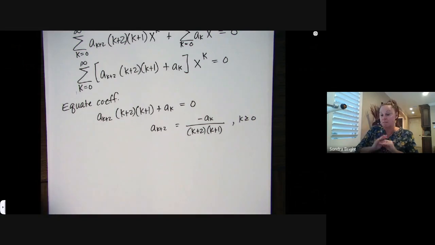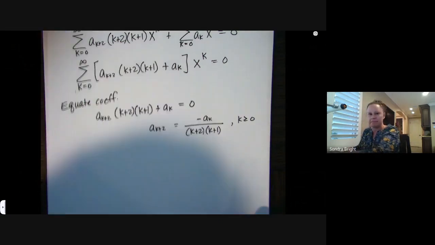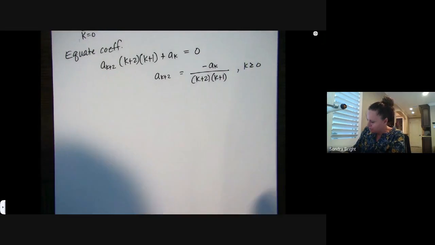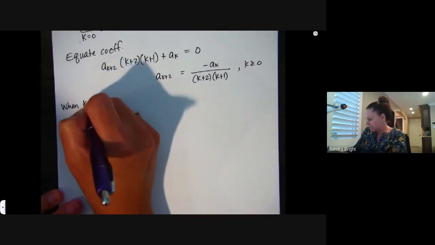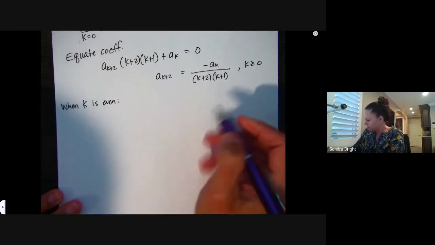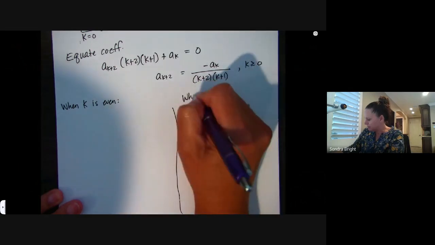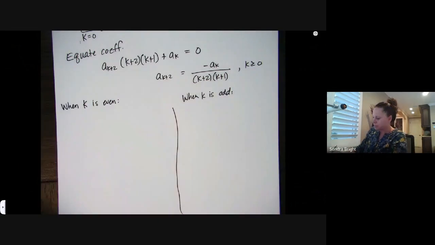So I'm just going to automatically separate them because you'll find as you go along that that's the difference between them. So when k is even, and then I'll also do, hopefully I've left myself enough room, when k is odd. You'll see what happens as we're doing it. Okay, so when k is even.